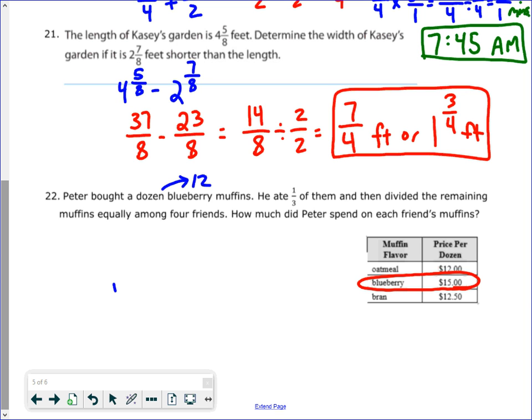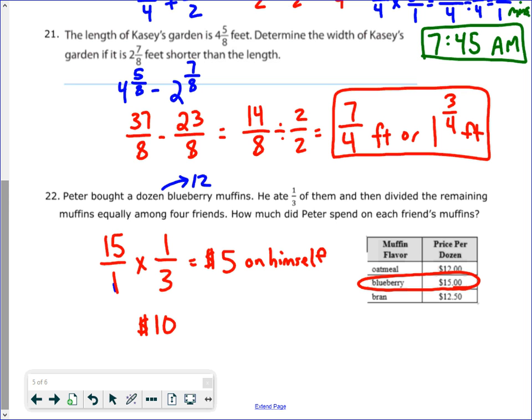He ate 1/3 of them, so basically we're going to do 15 times 1/3, which is equal to 5. So $5 on himself, which gives us $10 for the remaining 4 friends.